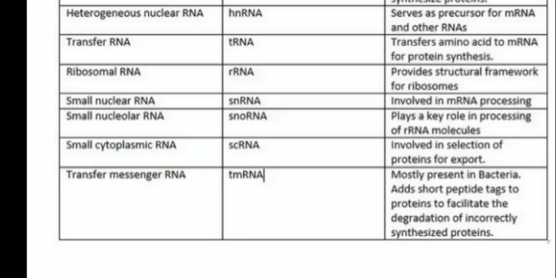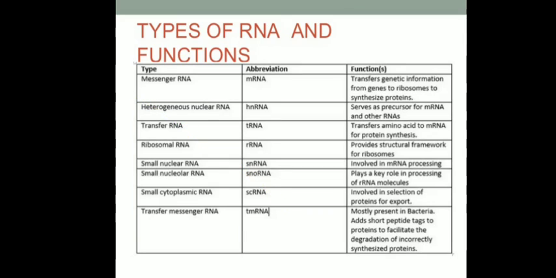Whenever a proper protein is not synthesized inside the cell, such an incorrect protein is degraded or broken down with the help of transfer messenger RNA. So these are the types and functions of the different types of RNA.